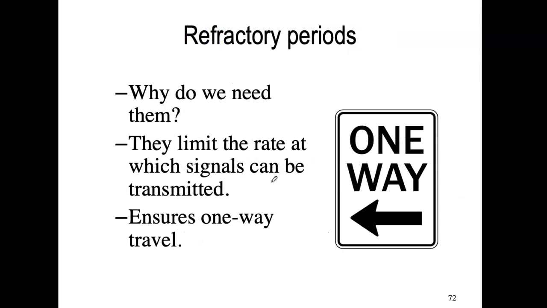So refractory periods, why do we need this? Well, they're going to limit the rate at which signals can be transmitted, right? Can't overstimulate. And it ensures one-way travel. Action potential is going in one direction only. And that's a good thing.